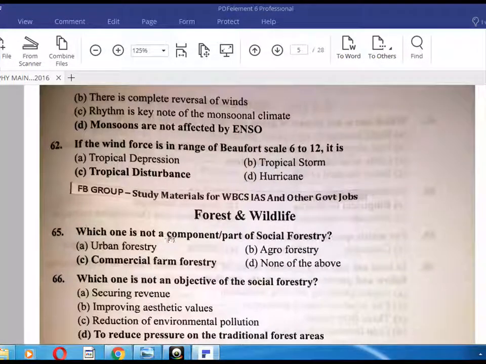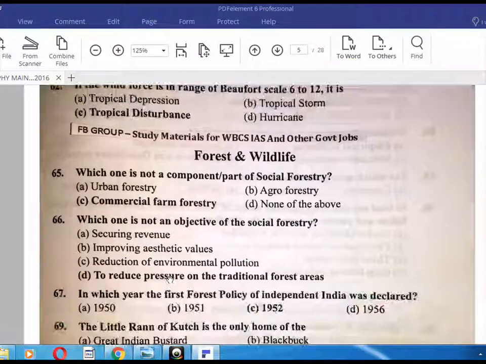Which one is not a component part of social forestry? Commercial farm forestry is not a component of social forestry. Which one is not an objective of social forestry? Okay, so it is to reduce pressure on the traditional forest areas.